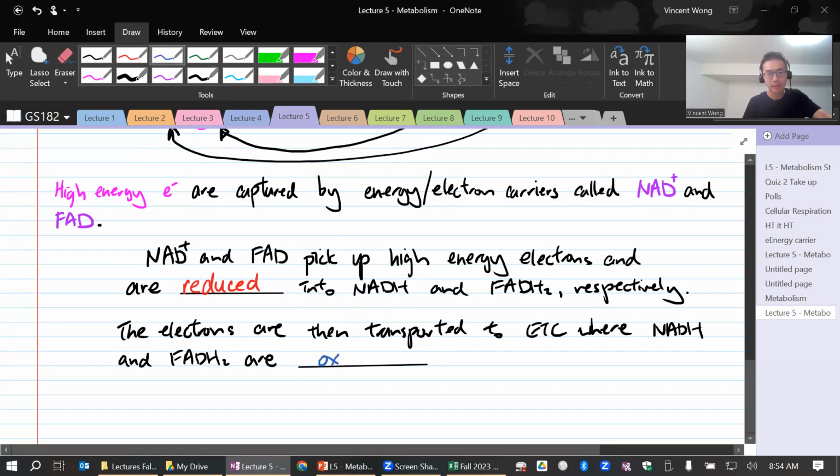Oxidized. Back into NAD plus and FAD. Make sense?